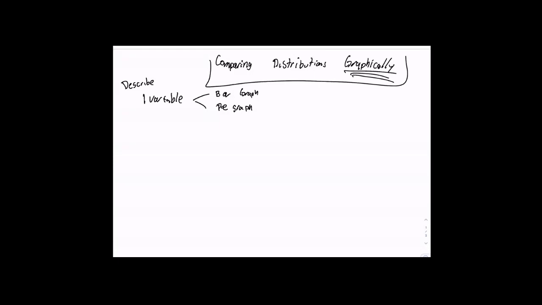But in this problem, we want to compare two variables, and that's what I mean, it's categorical. So there are still two options. One is called a side-by-side bar graph, and the other is called a segmented bar graph.